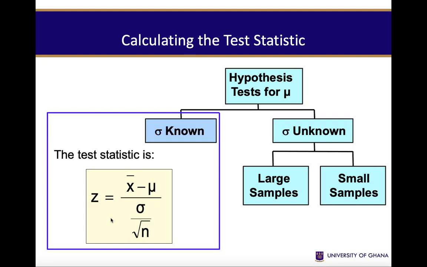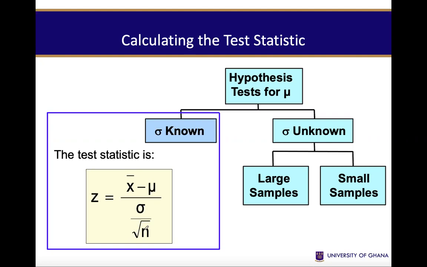If the population standard deviation is known, then this is how we would calculate the test statistic. If you remember the sampling distribution, nothing much has changed. It is the sample mean minus the population mean, divided by the standard deviation divided by the square root of n.